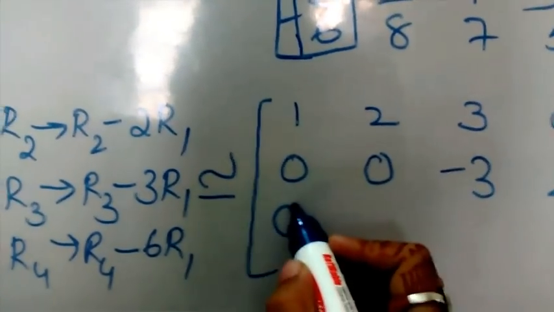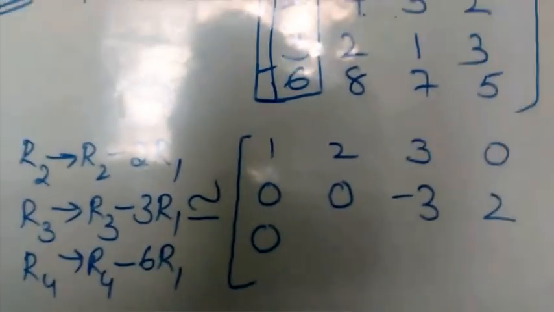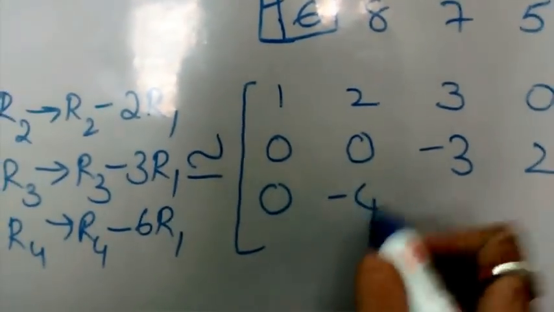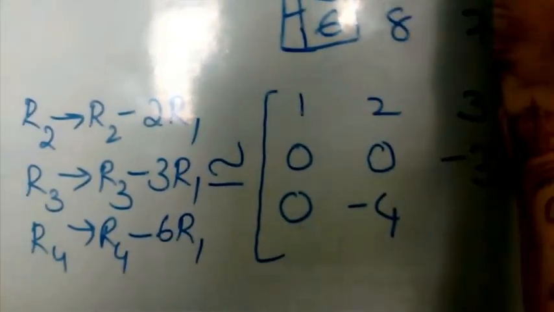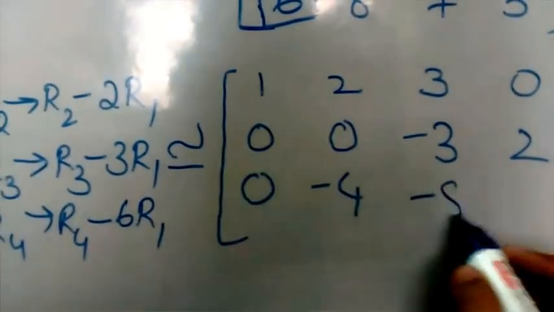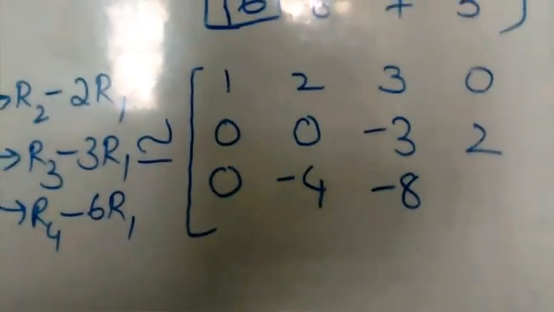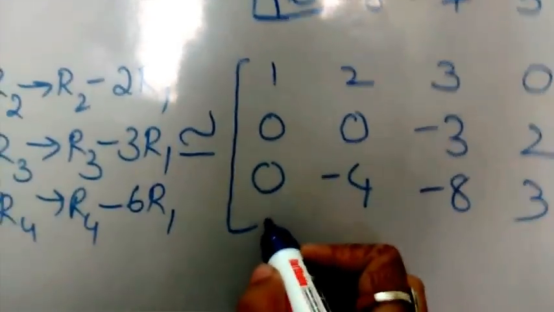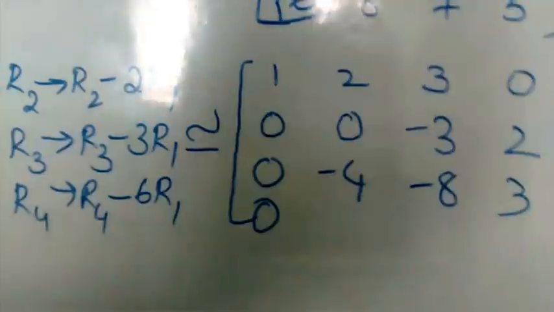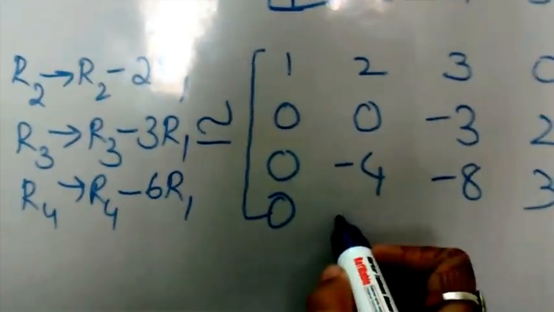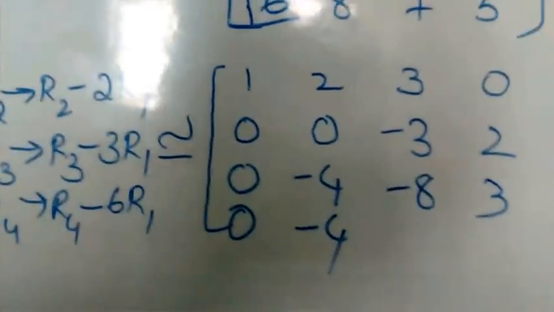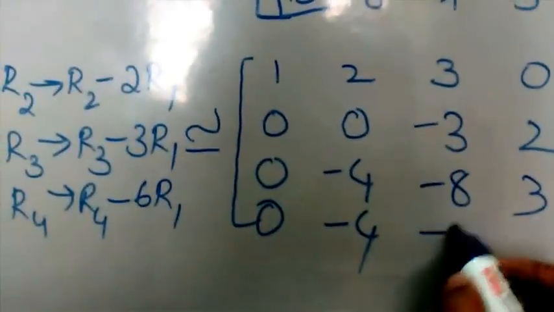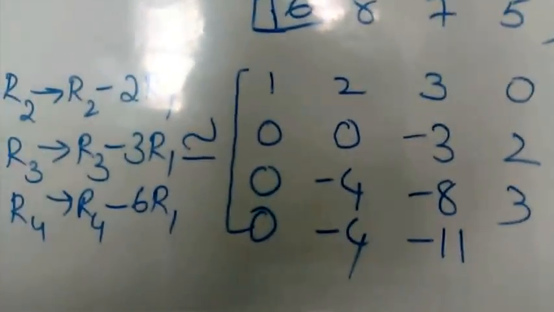For R3: 3 minus 3 is 0, 2 minus 6 is minus 4, 1 minus 9 is minus 8, and 3 minus 0 is 3. For R4: 6 minus 6 is 0, 8 minus 12 gives minus 4, 7 minus 18 gives minus 11, then 5 minus 0 is 5.